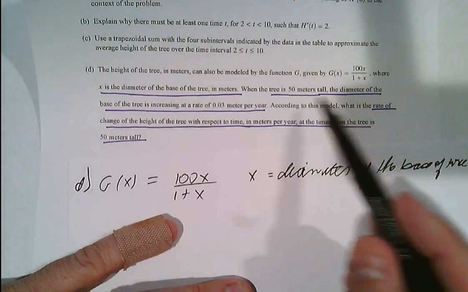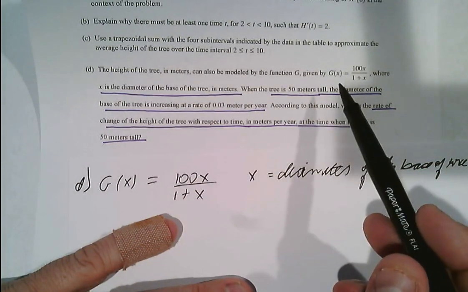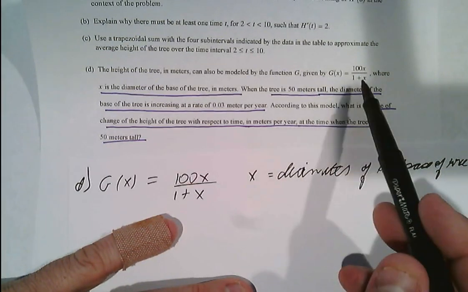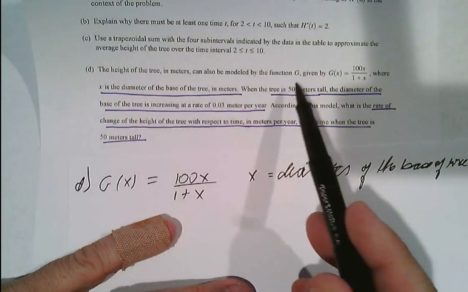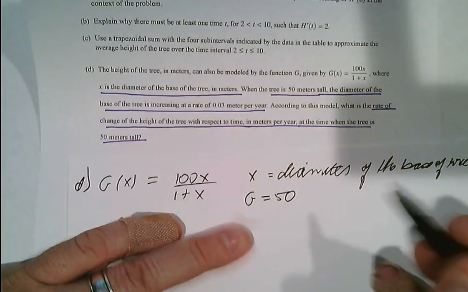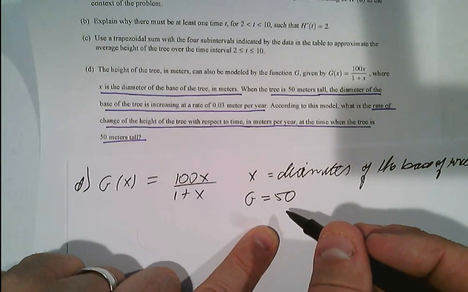When the tree is 50 meters tall, and here is my mistake: when the tree is 50 meters tall, that doesn't mean that x is equal to 50 meters. The height of the tree, g, this means that g is equal to 50.